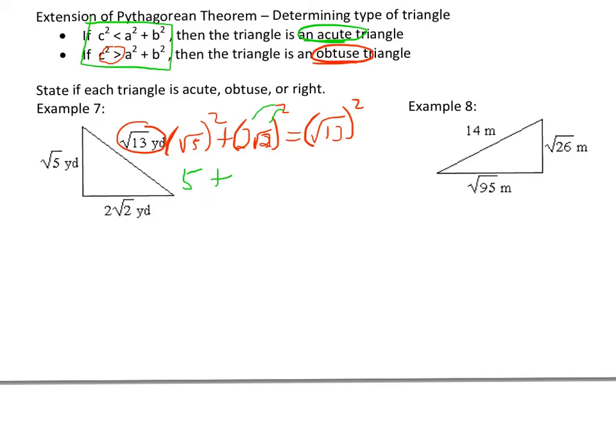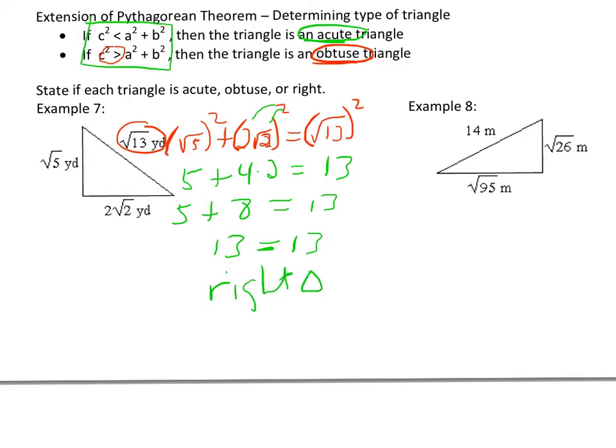So the power of 2 gets distributed. 2 to the second power is 4, and the root of 2 squared is just 2, so I'm going to have to multiply those in a moment. And then again, we just have 13 on that side. So we have 5 plus 8 equals 13. 13 equals 13. So therefore, this resorts back to our original equation. This is a right triangle.